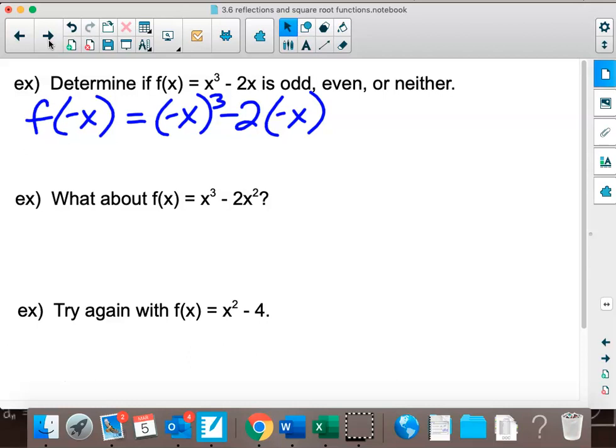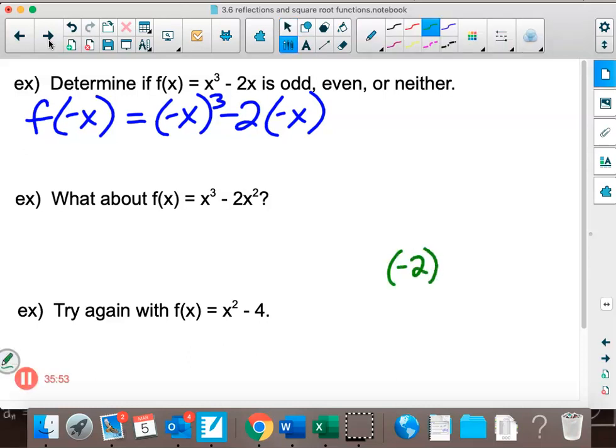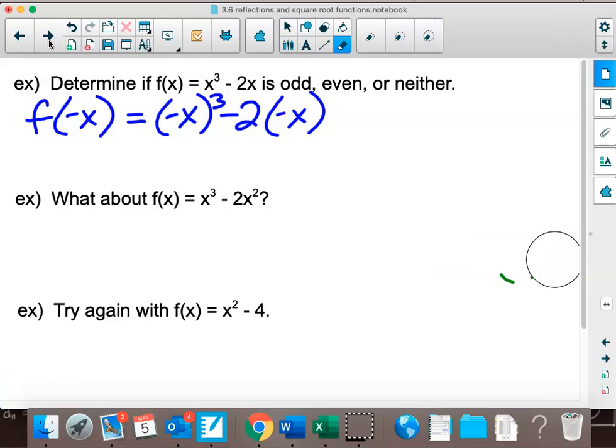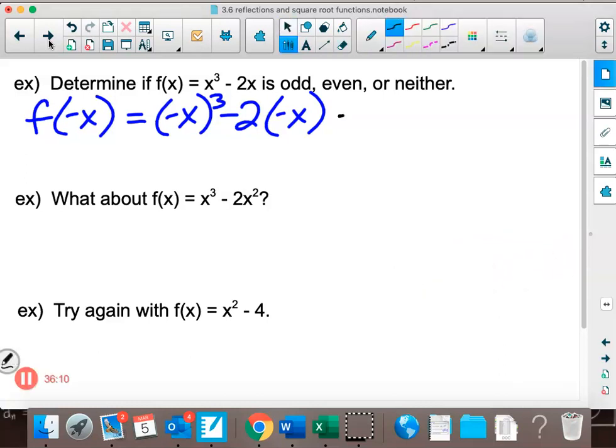Would negative 2 cubed be the same thing as if we took 2 cubed and multiplied it by negative 1? Yes. And that works for any number, right? So negative x cubed, we're going to rewrite that as negative x cubed.